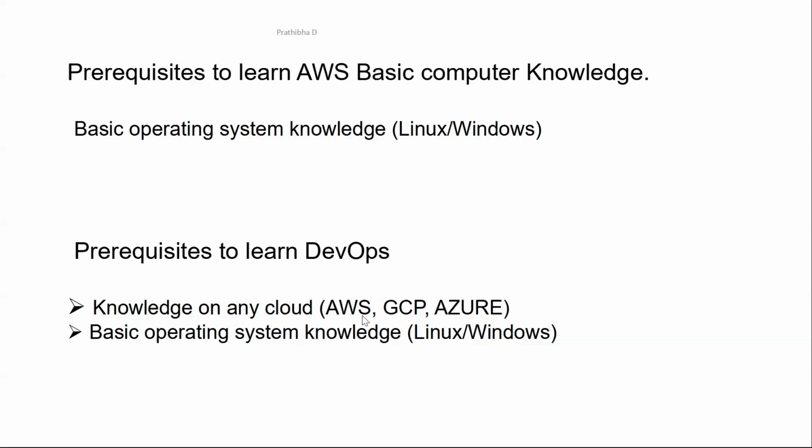If you're not aware, you can include the AWS topic and then start learning DevOps. Another is operating system knowledge, so you should have some idea about Linux and Windows. We'll be covering both of them, that is Linux basics, in both topics, AWS as well as DevOps.